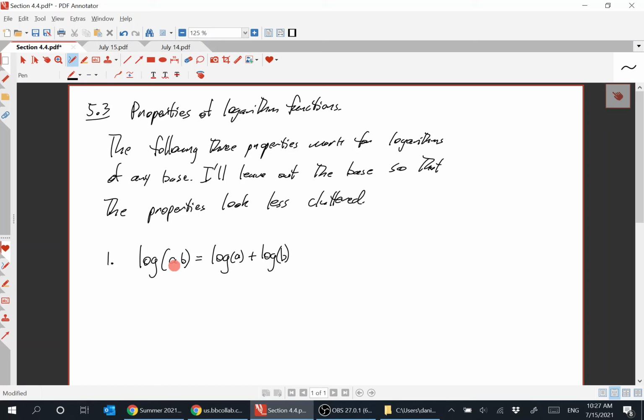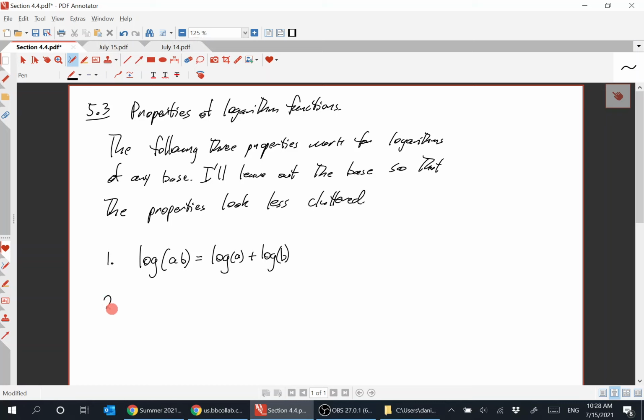The log of a product is equal to the sum of the logs. Right, so here's maybe a first point of confusion. It takes multiplication, turns it into addition. So the log of a times b is log of a plus log of b.